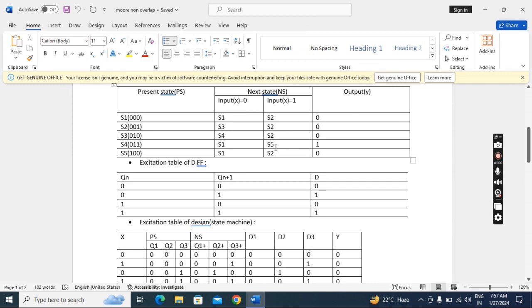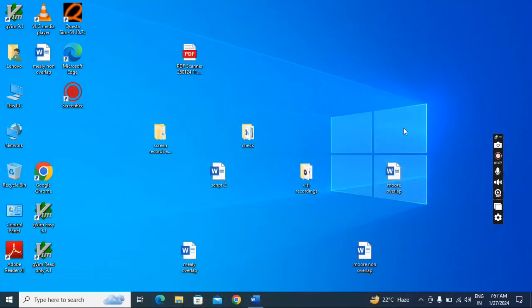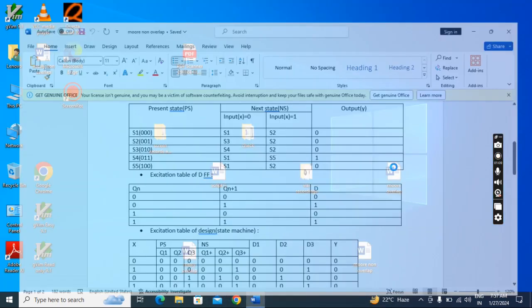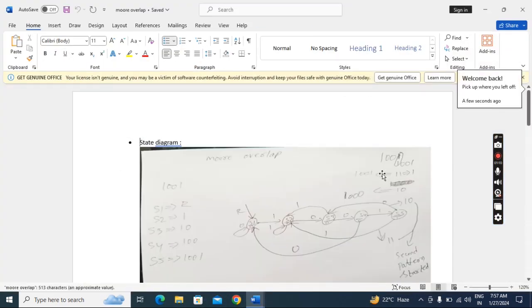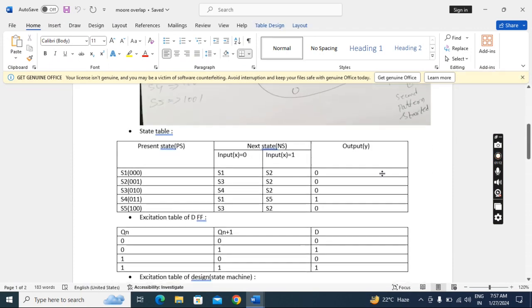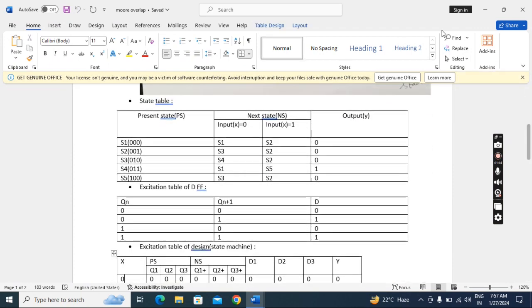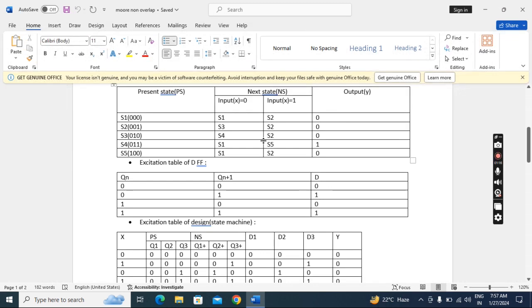See, now 1, 5. And what is the last one? I forgot. I will see again. Moore overlap: 1, 5, 3, 2. Now here what we got? 1, 2. So this is changing. Accordingly, we have to write here.